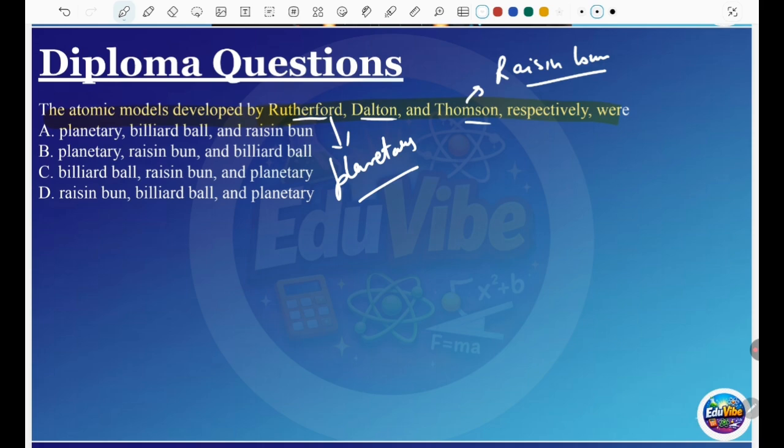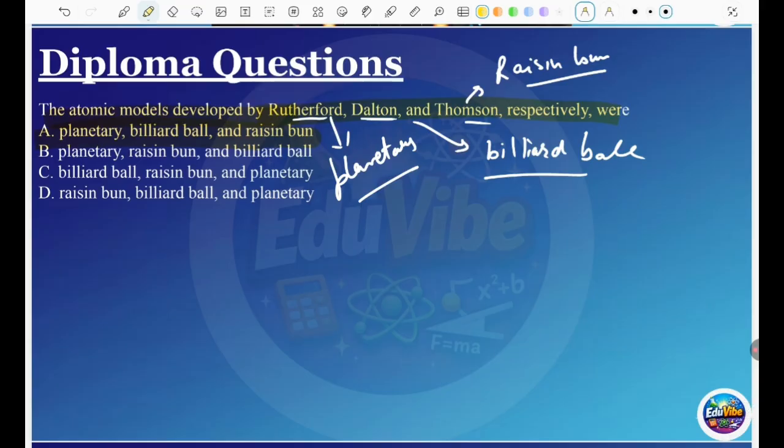You don't study Dalton's model, but Dalton's model is the billiard ball model. So the answer should be A. These are the three models developed by Rutherford, Dalton, and Thomson respectively. You have to know about Dalton's model too.